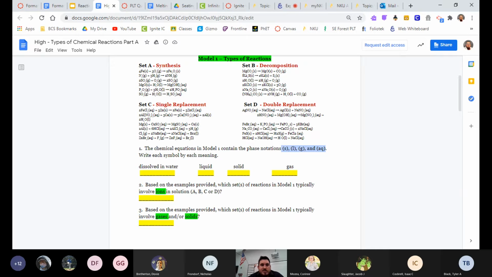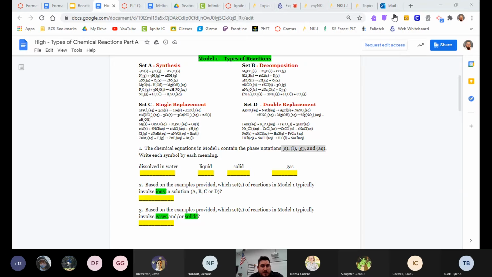All right, so somebody in the chat box tell me, what do the letters for dissolved in water mean? Yep, and if you know Spanish, you get an idea of why that is water.